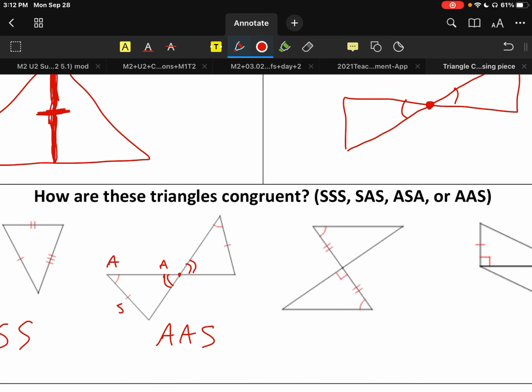Over here, another one. They share a vertex here, so this is marked. It's actually a 90-degree angle, so we're going to mark this one as a 90-degree angle. So here I have an angle, a side, and an angle. The side is in between my two angles, so it is angle, side, angle.